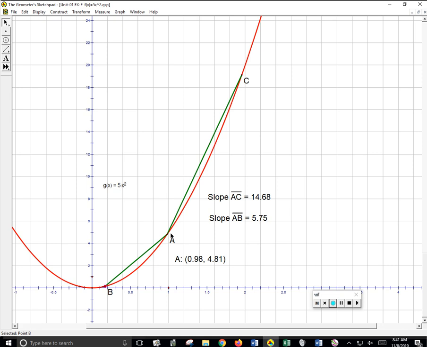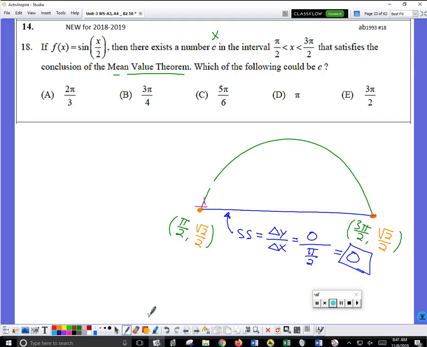Okay, look up. If all I have is an endpoint, I can't make a slope to the left. Like if I'm right here on the picture and I want to find the slope right here, I can't mathematically do it. There's no way to go left. If I'm over here, there's no way to go right.